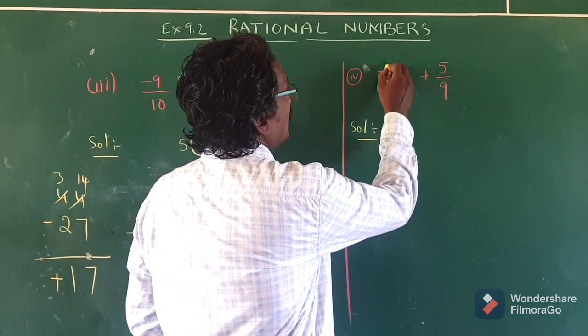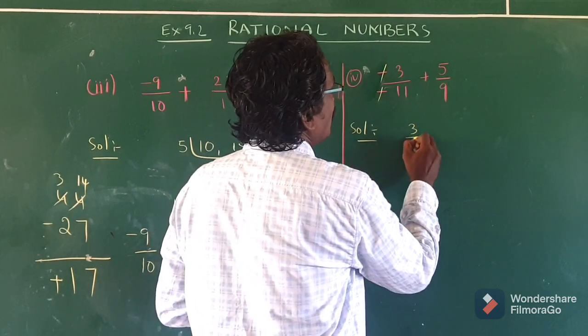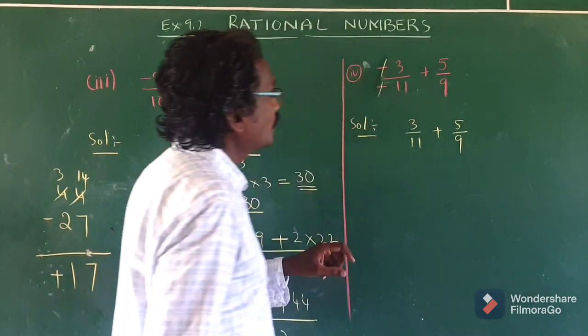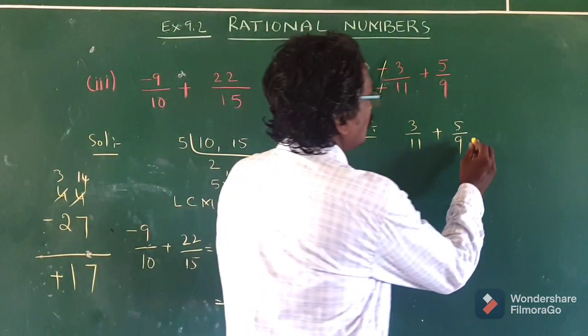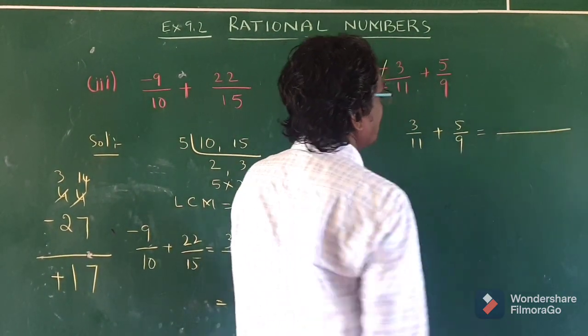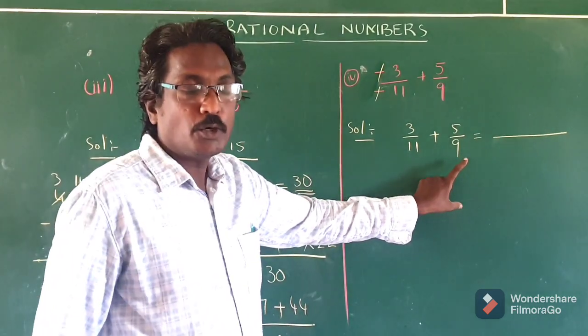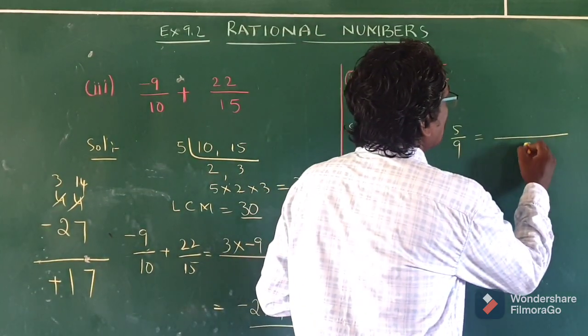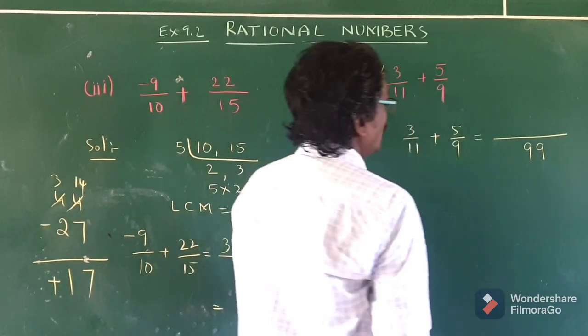Fourth one. So minus cancel. 3 by 11 plus 5 by 9. See here, what is the LCM? 9 and 11 are not possible in any table. So multiply. 11 nines are 99.